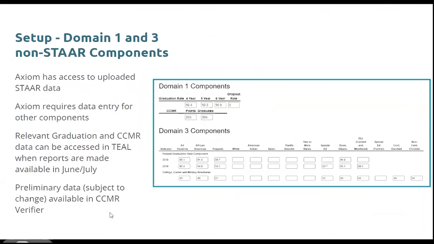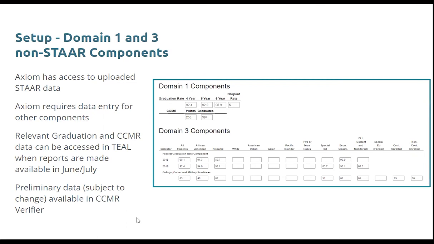You also need to manage your CCMR and graduation rate data and the other components related to domain 3. This information is not yet available to people in the teal reports. Those will be made available in, I believe, June, July. However, preliminary data may already be available in the CCMR verifier that TEA offers.